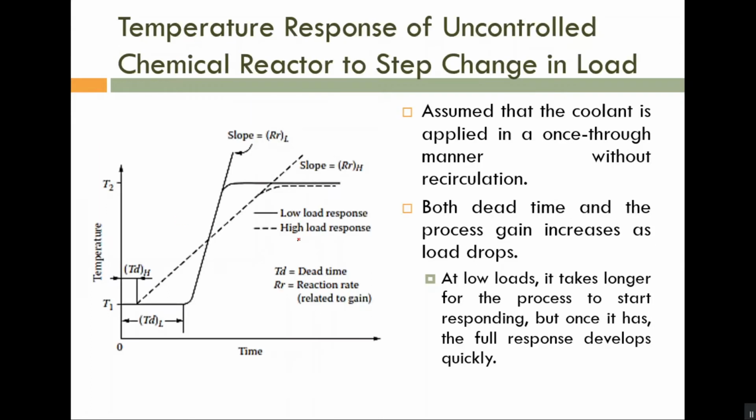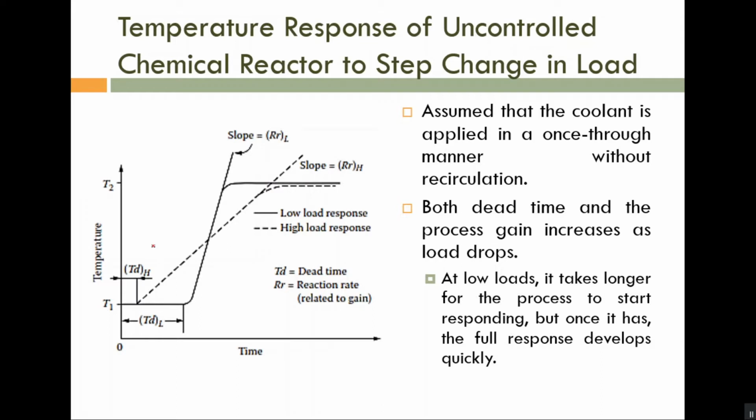Now the next one. I told you that with respect to the load, low load or high load, the process dynamics will change. So here two extreme conditions are shown. You can note this diagram. Here the response of the chemical reactor temperature with respect to the load is shown.